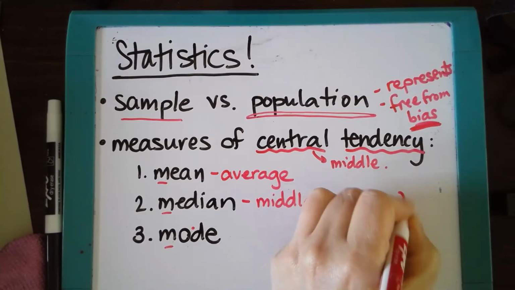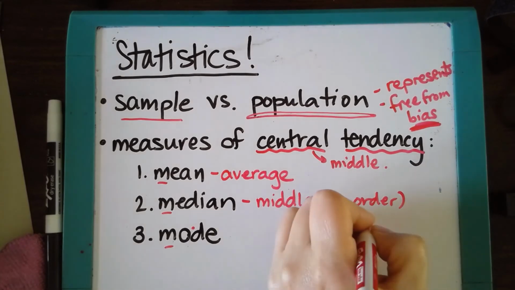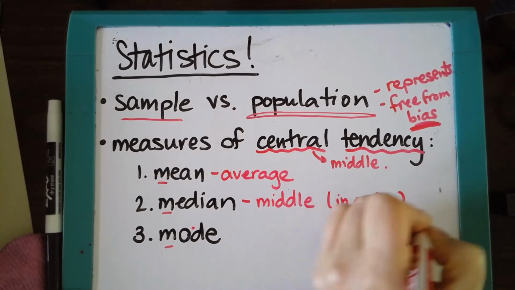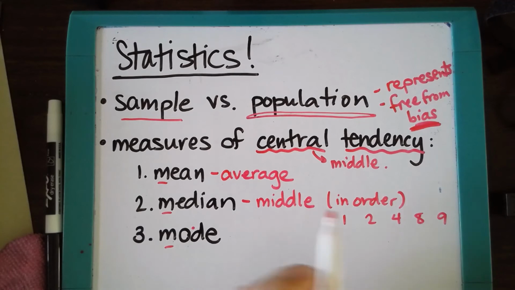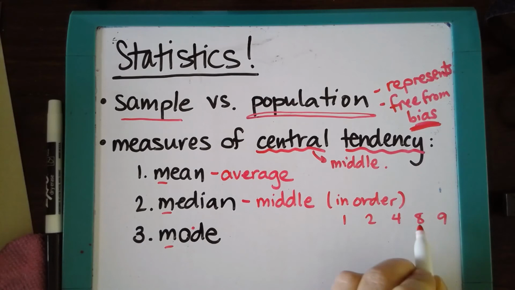We have to put it in order first, and then we look at which one's in the middle. If I had some data here, 1, 2, 4, 8, and 9, they're in order, and 4 is the number in the middle. So that's my median value in this group.